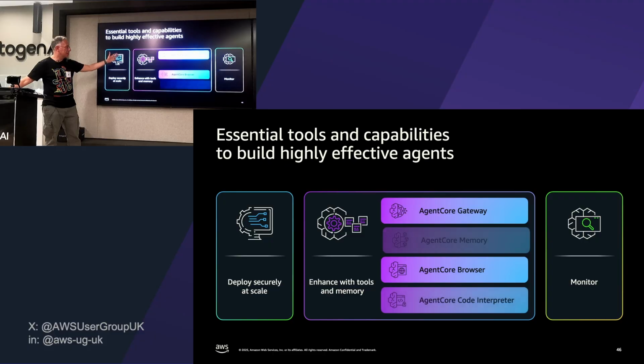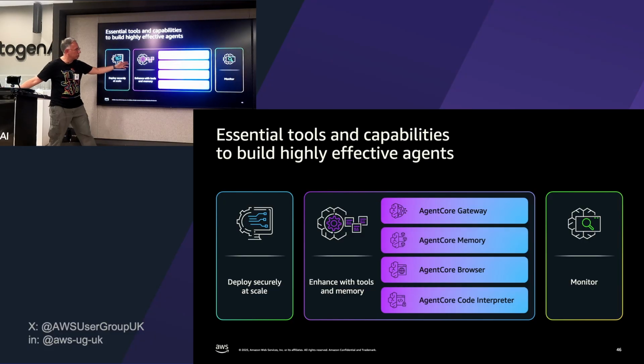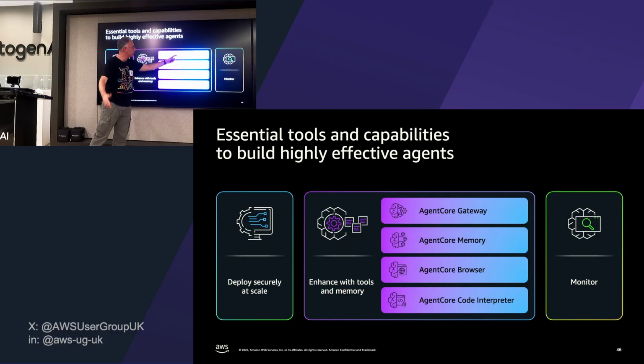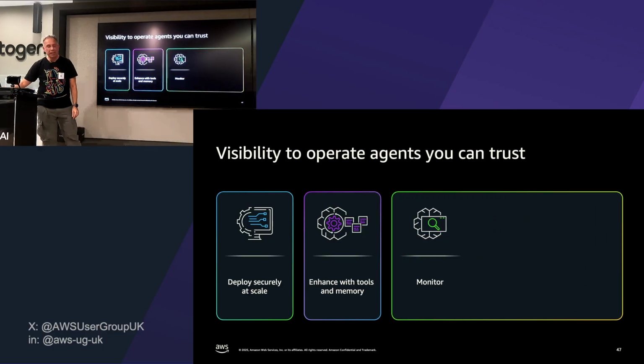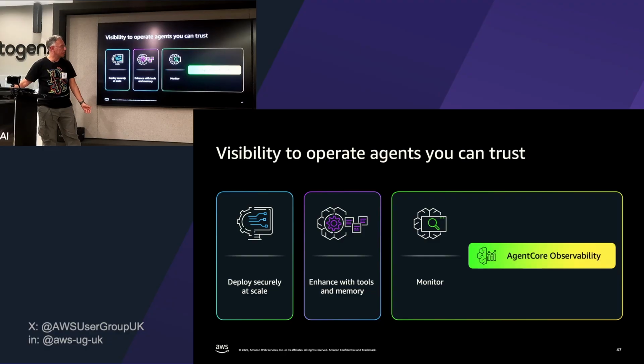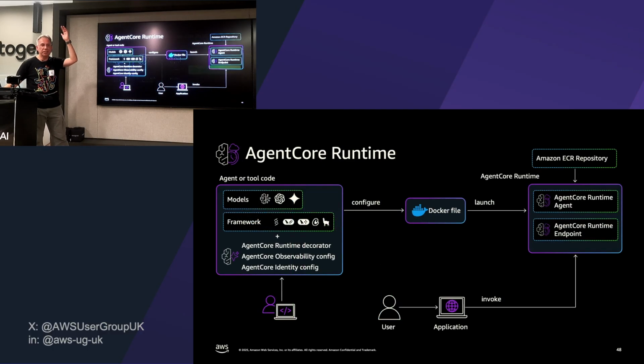Then there are other tools that I will show: a gateway for MCP servers, memory that we briefly saw how it works, and then 2 tools to have access to a browser and a code interpreter. And all these tools also use OpenTelemetry for observability, so that you can get a trace of all the interaction within the different agents and the different files.